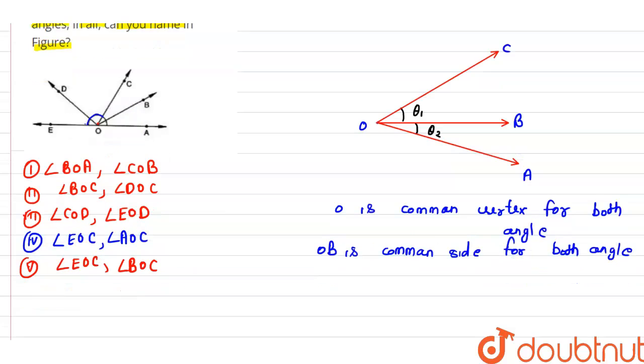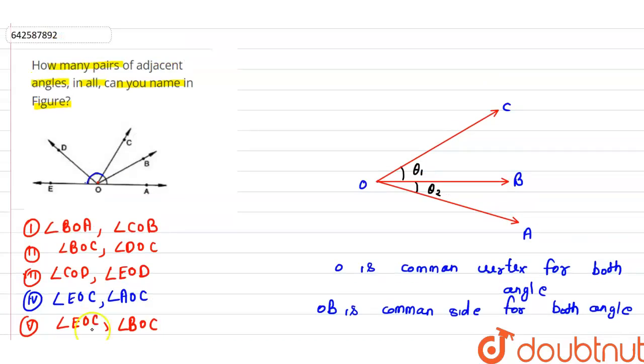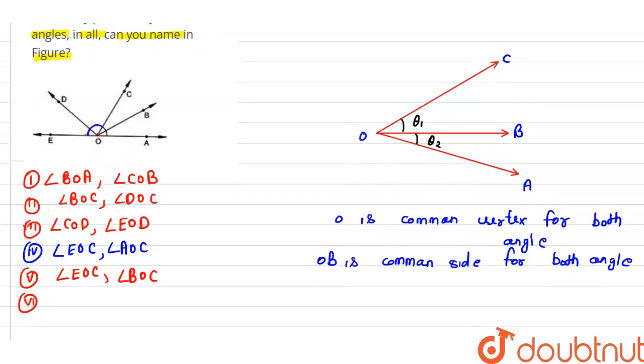The sixth pair is angle EOB and angle AOB. Here also the vertex is O and OB is the common side. So these two are an adjacent angle pair.